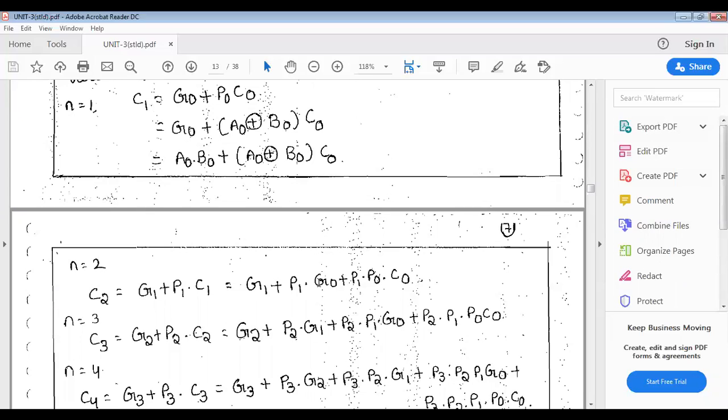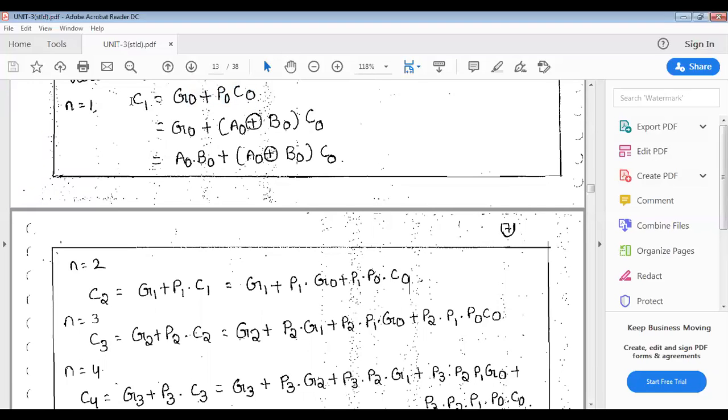Substitute that C1 as G0 plus P0 into C0, multiplied with P1. So finally you can see here G1 is there, P1 is multiplied with G0, P1 G0, and P1 is multiplied with the second term, P0 and C0, then it becomes P1 P0 C0.